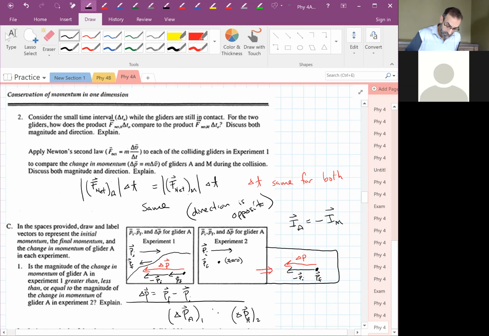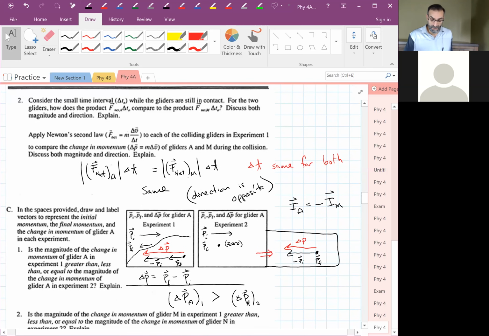Much greater. This one, A had a change in momentum that's smaller than in this case, right? This one over here, much bigger. So for the change in momentum, we're only looking at block A now.